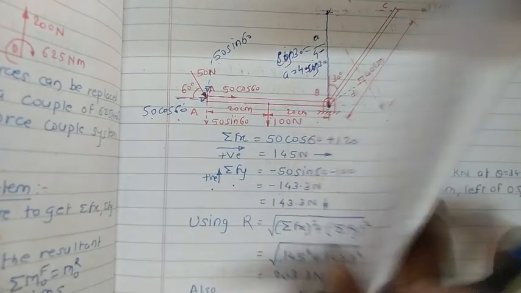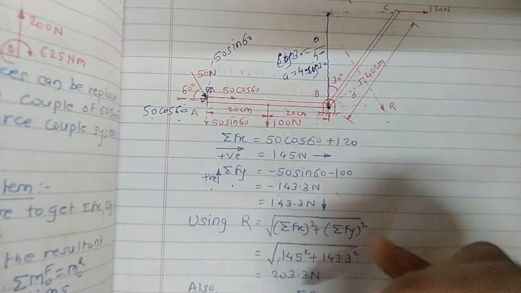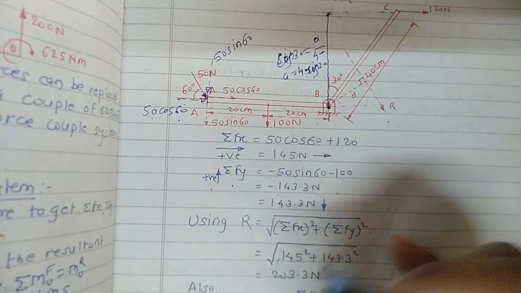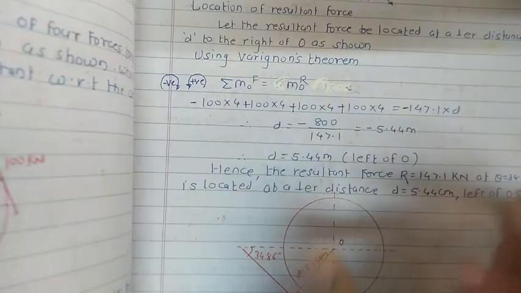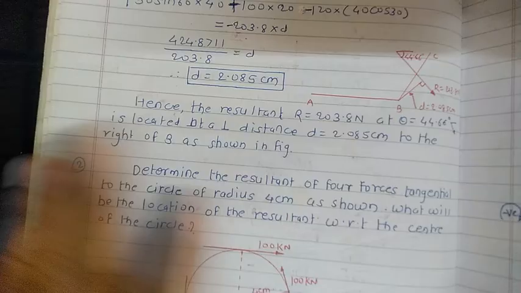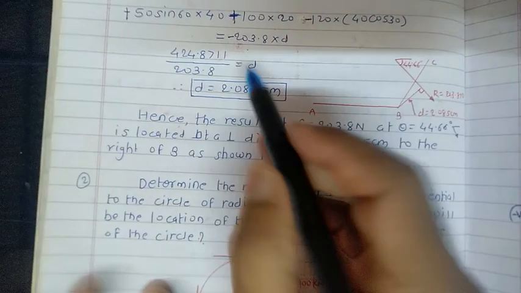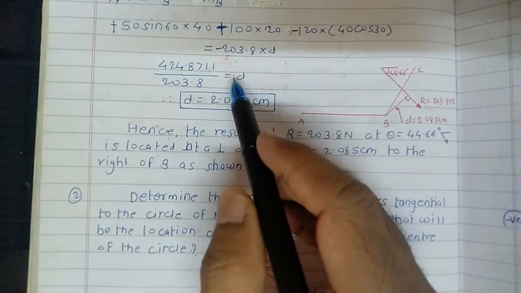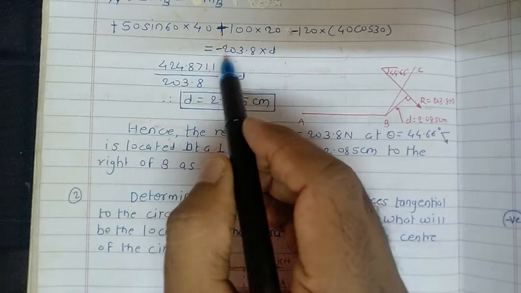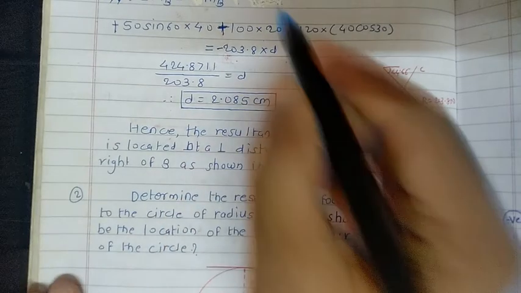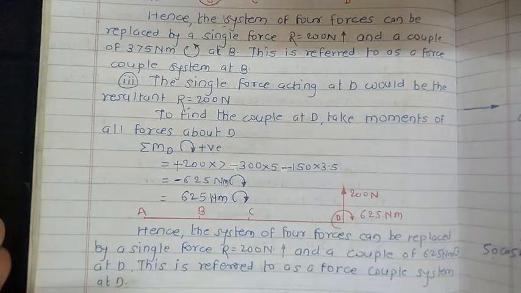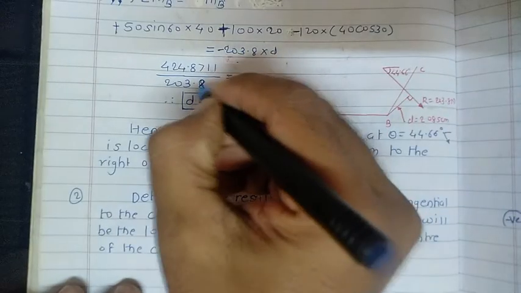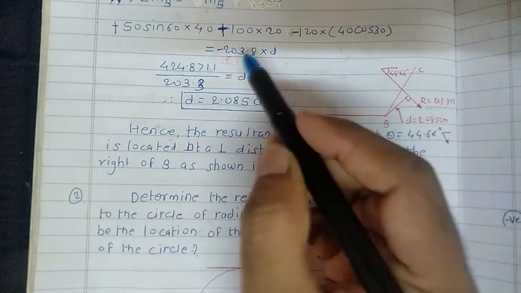The resultant force 203.3 turns about this point in the clockwise direction. For clockwise you need to consider the negative sign. That's why the negative sign is given for R. So minus 203.3 multiplied by the distance d.